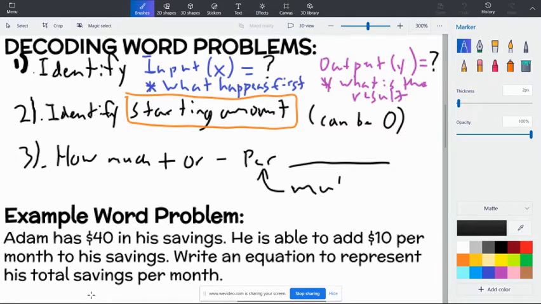But per, remember that word is always going to mean multiplication. Okay. And I would definitely give a highlight. Let's see, where's my highlighter? Let's use this. Turn up that opacity. Oh, that's way too much. Let's not do that. Let's do it like that. How much up or down something is going?